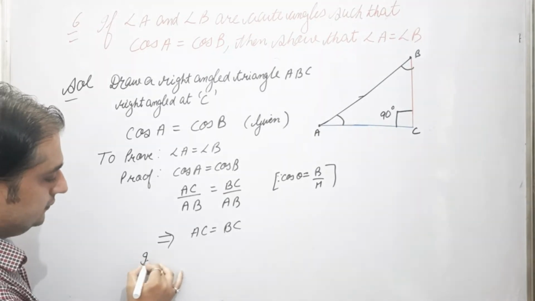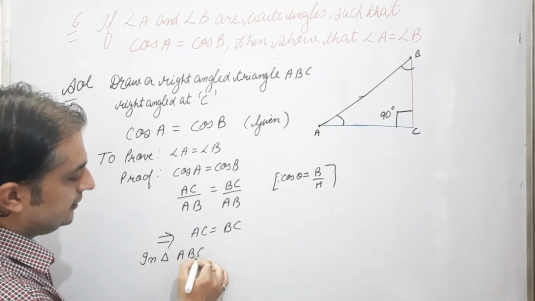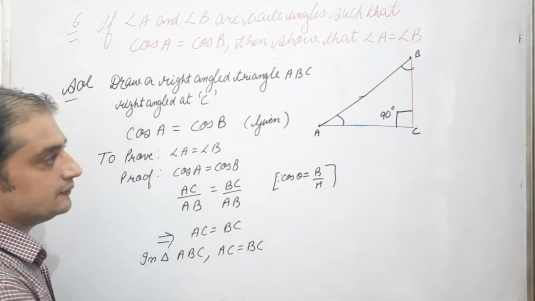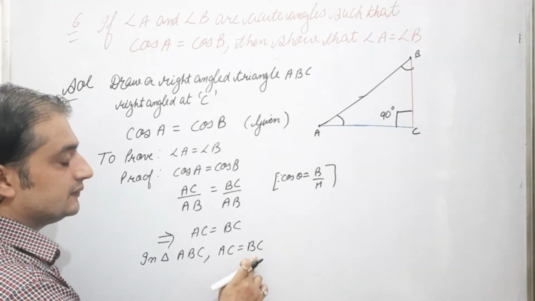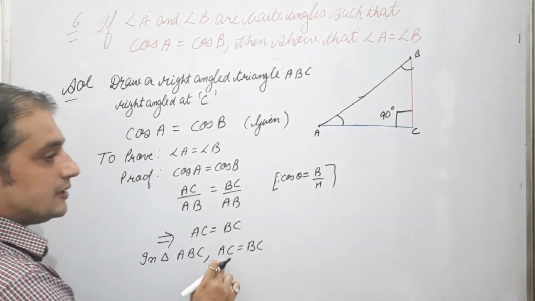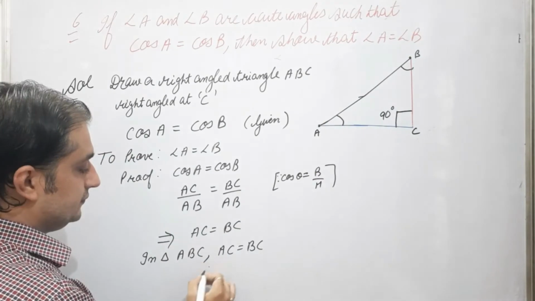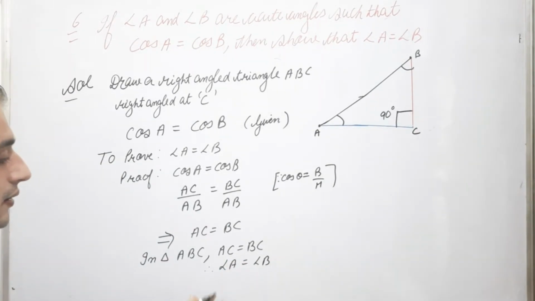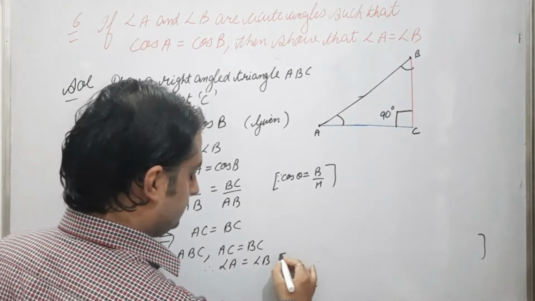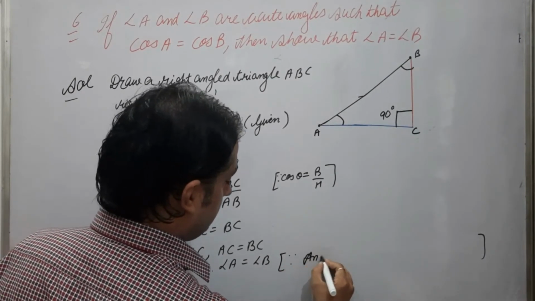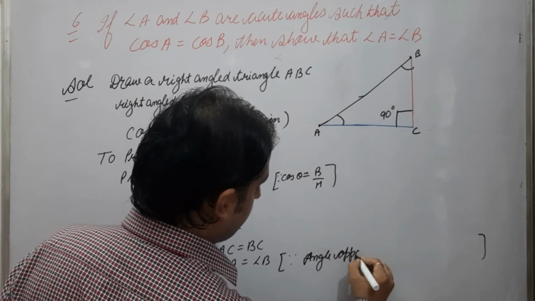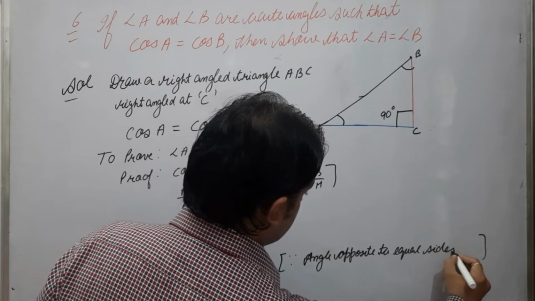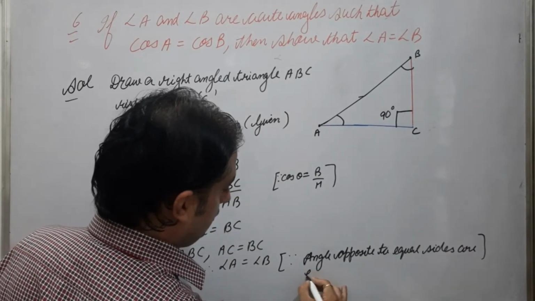So in triangle ABC, AC is equal to BC. If the two sides are equal in a triangle, then the angles opposite to equal sides are equal.